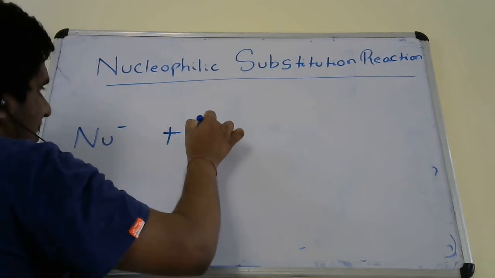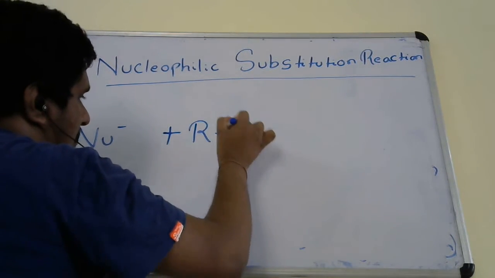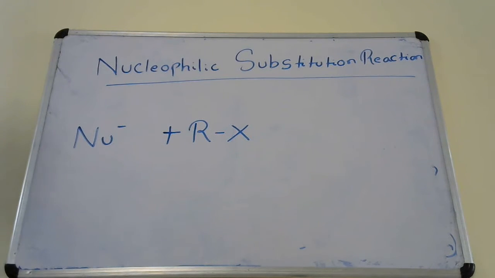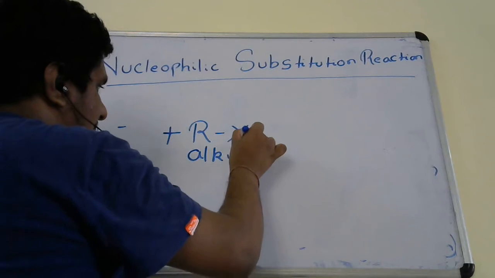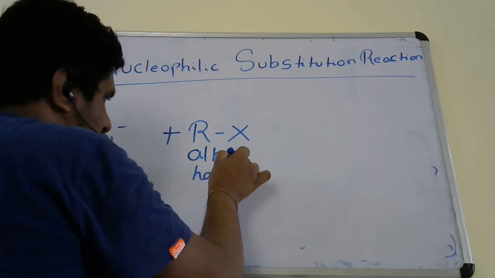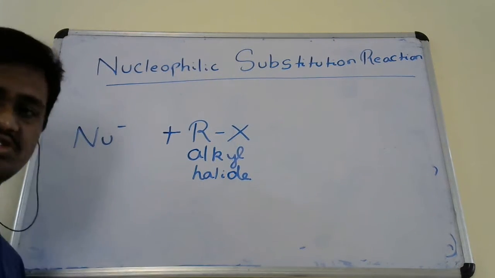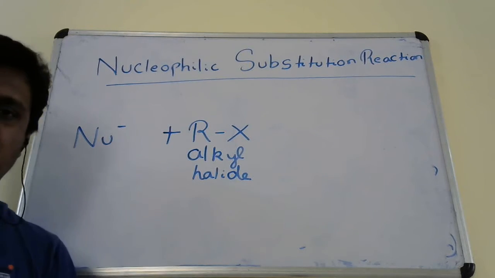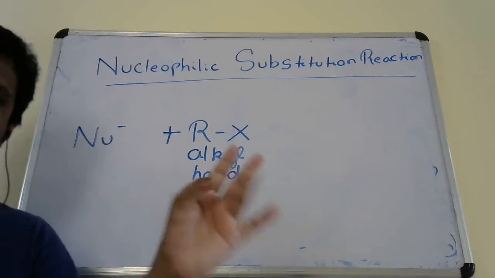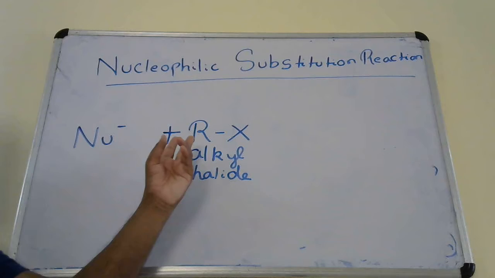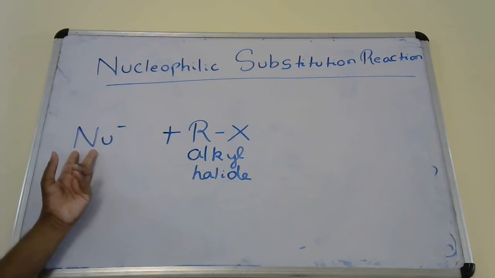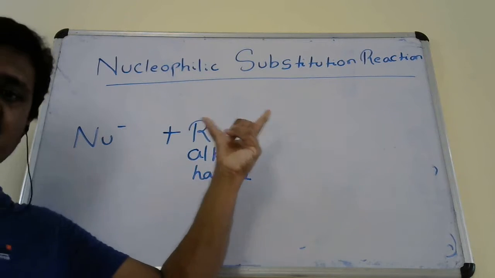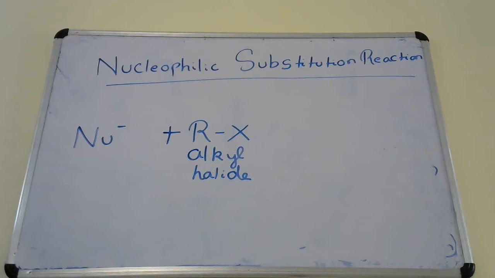It is attacking an alkyl halide. This is our alkyl halide. X is your halogen, which can be chlorine, bromine, iodine, etc. R is your alkyl group. So a nucleophile is attacking an alkyl halide molecule.